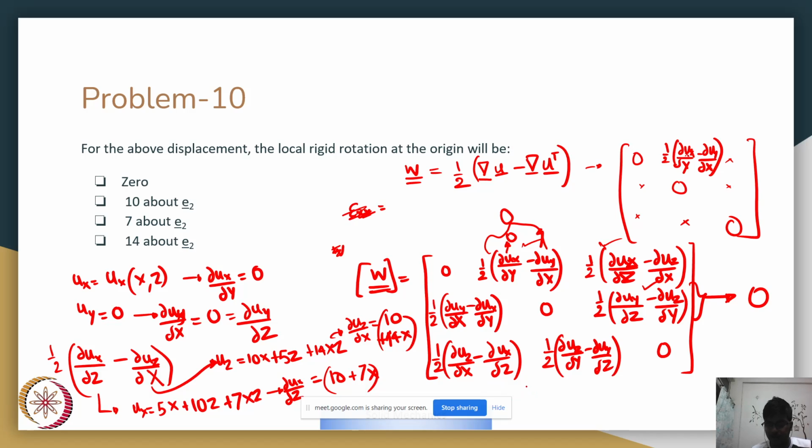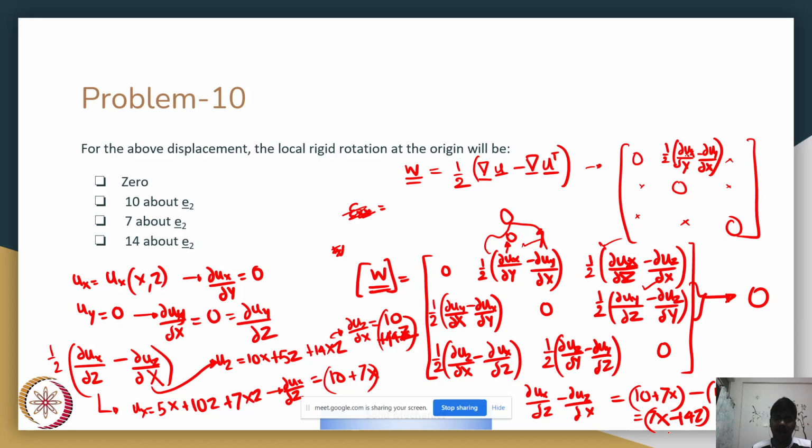Therefore, dou ux by dou z minus dou uz by dou x becomes 10 plus 7x minus of 10 plus 14z, so this is 7x minus 14z.